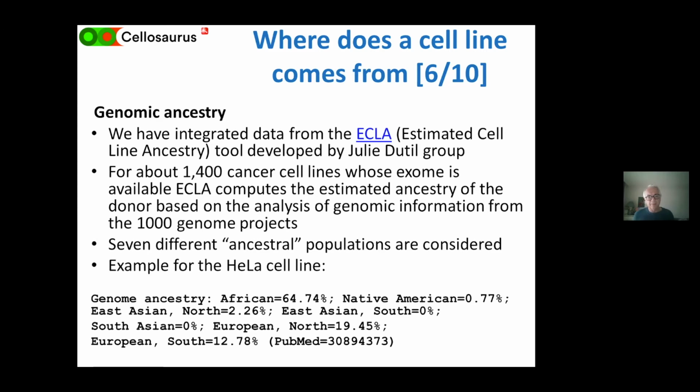And here is the example for ELA, where you see the mixture for the ELA exome of 64.7% African, 0.7% Native American. I'm not going to describe this. You have to look at the paper and see how all those computations are done, but it gives you information based on genomic sequence of the origin, the genomic ancestry of the individual which gave rise to that cell line.